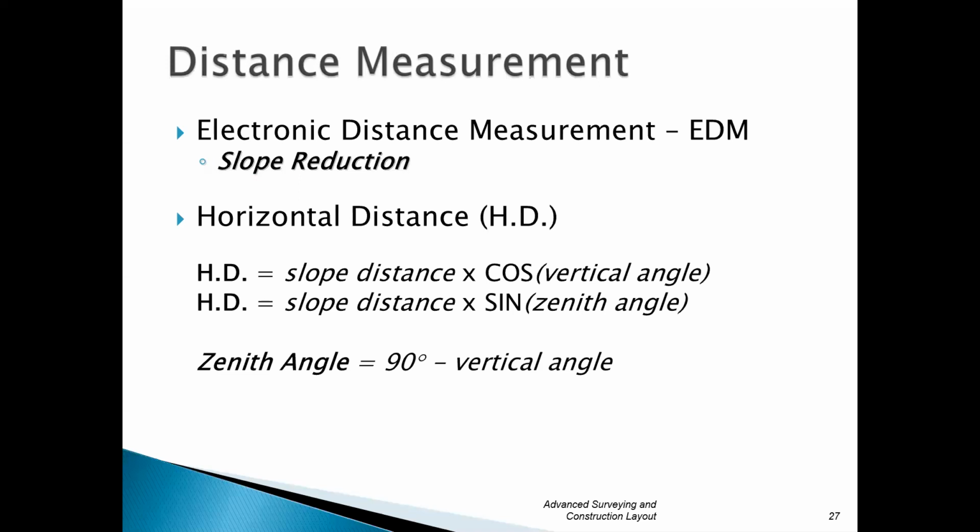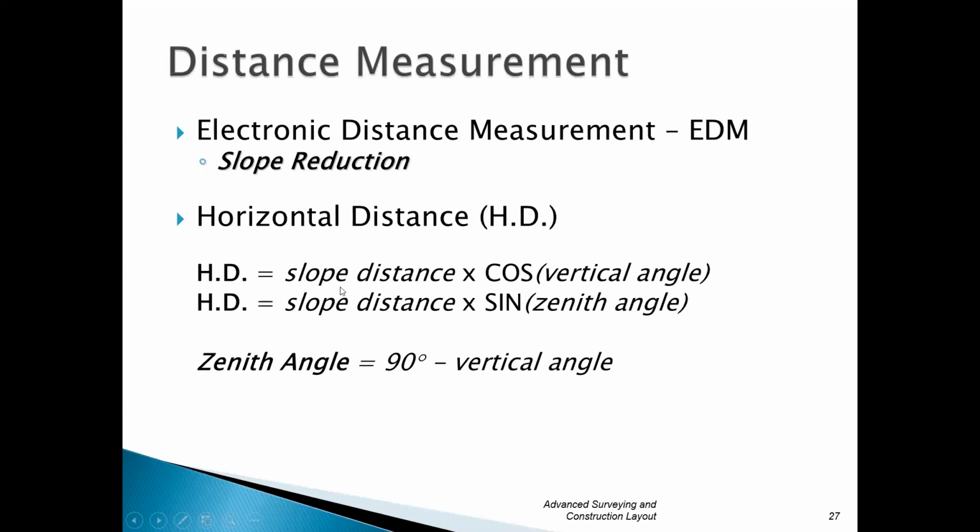So in the older days, before the total station, you'd use a theodolite and an EDM, and you would have to measure both the slope angle and the slope distance to calculate it.